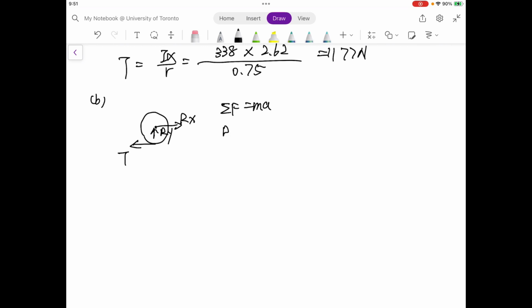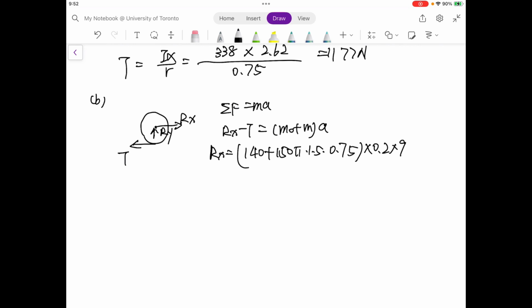Then in x direction, Rx minus T is equal to (Mo plus M) times A. Rx is equal to (140 plus 150 pi 1.5 0.75) times 0.2 times 9.81 plus 1177. This is equal to 2490 newtons.